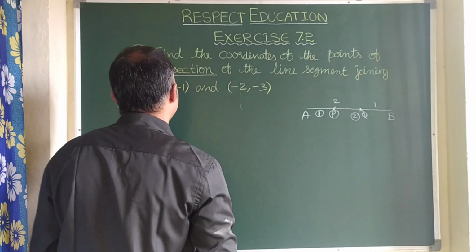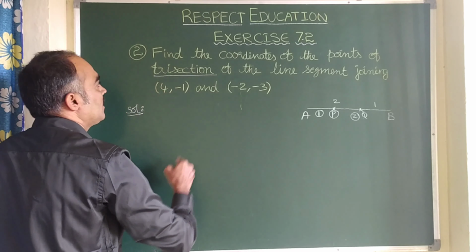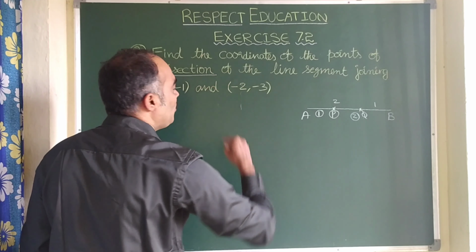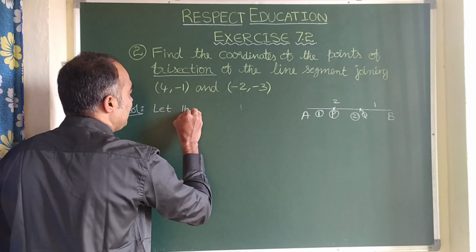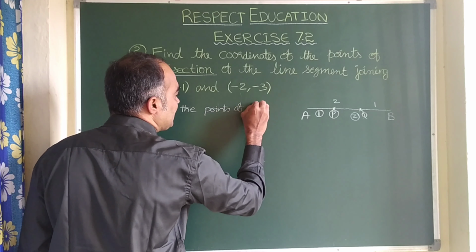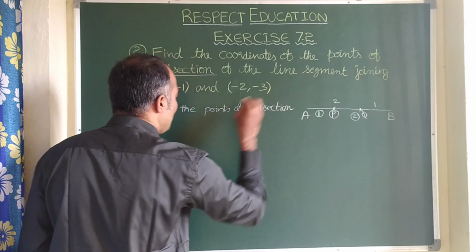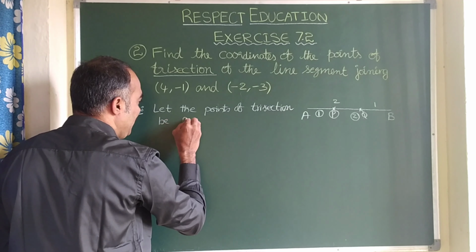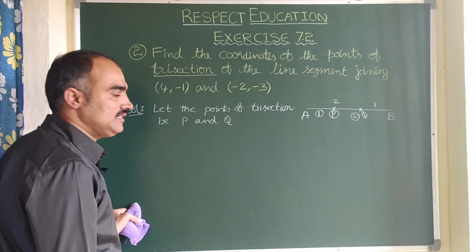Clear? Now let us solve the problem. He is asking to find the points of trisection. So let the points of trisection be P and Q. Is it clear?